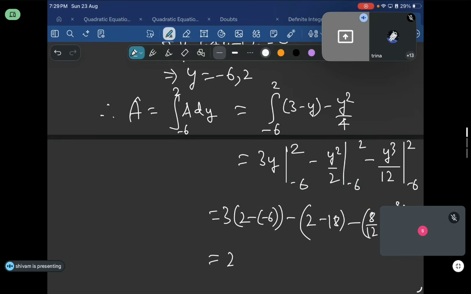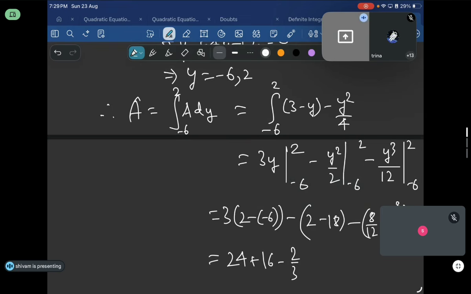3 into 8, 24. 2 minus 8 is minus 16, so plus 16. Minus 8 by 12 plus 8 by 12 is 2 by 3, so minus 2 by 3.